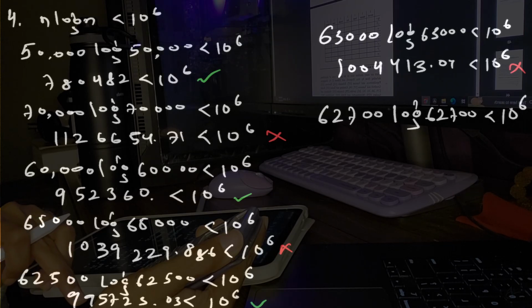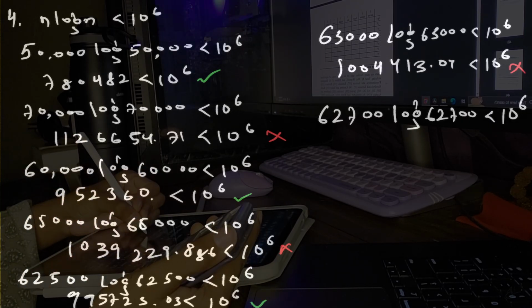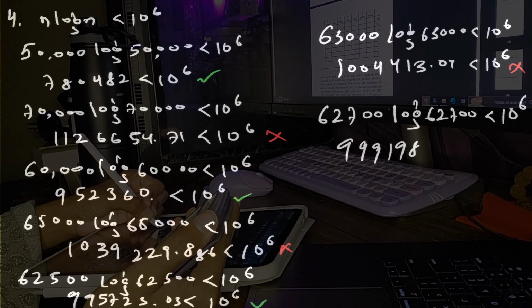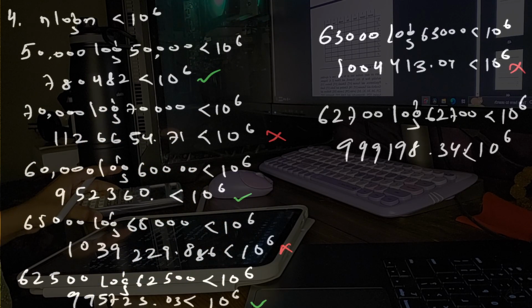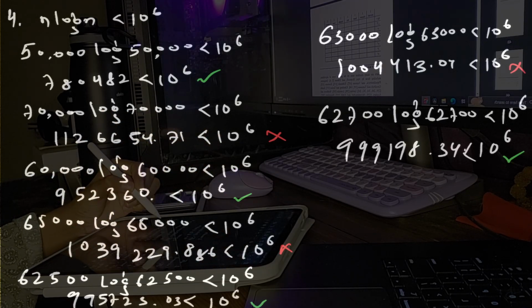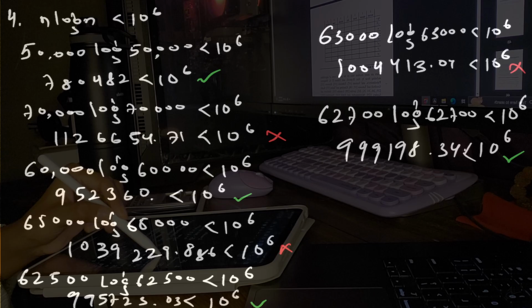Log of 62,700 divided by log of 2, multiplied by 62,700, is 999,198.34. Is it less than this? Yes, it is. Nice, but we still cannot say. We have to check 62.8, because if it is less than that, then we will have to check again.